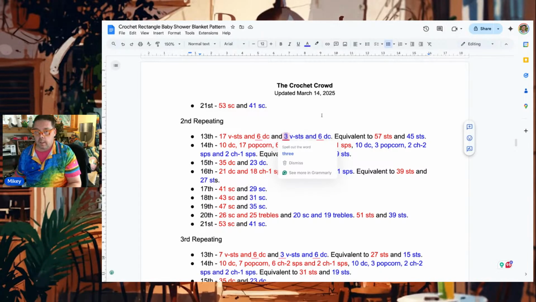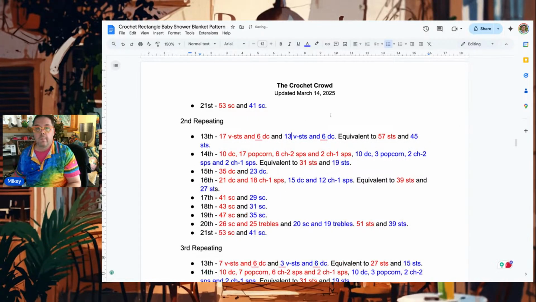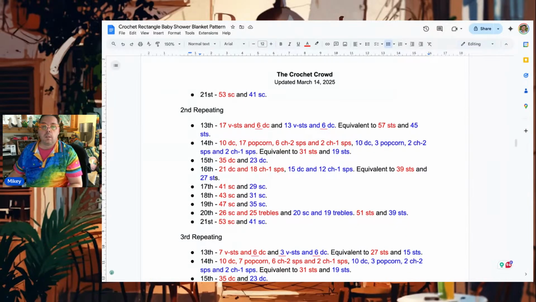And then there's an extra 10, so there was 13. 6 double crochet was the same. 10 double crochet is also always the same, it's just the number of popcorn that changes. So 17, so there should be 13 popcorn. Everything else is the same.